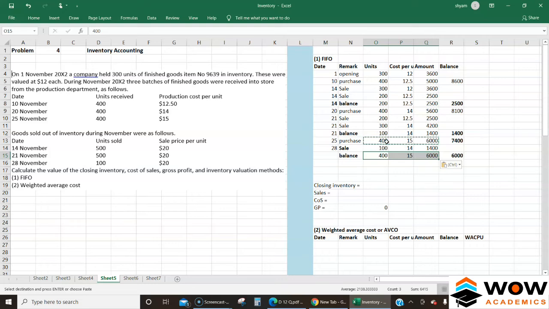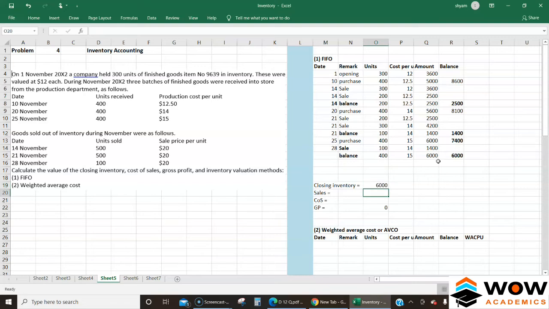So out of the balance, the first one is gone, the purchase alone is there, so we still have 400 units worth 6,000 worth of stock. So the closing inventory is 6,000.